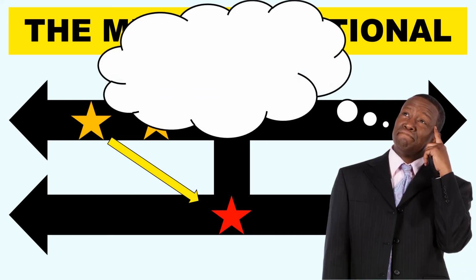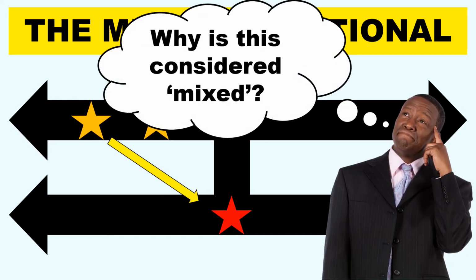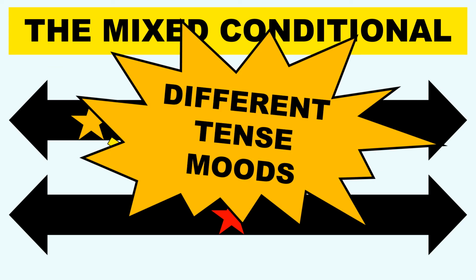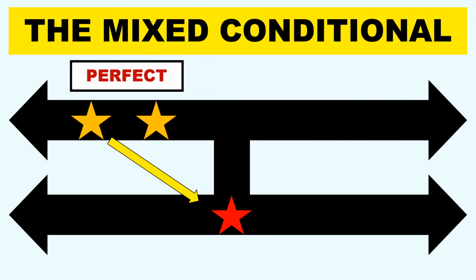Now, the question here is, why is this considered a mixed conditional? The answer: there are different tense moods. In the past, as we mentioned, everything was either in perfect or simple, but we have the subordinate clause in perfect tense and the independent clause in simple. Therefore, it is mixed.